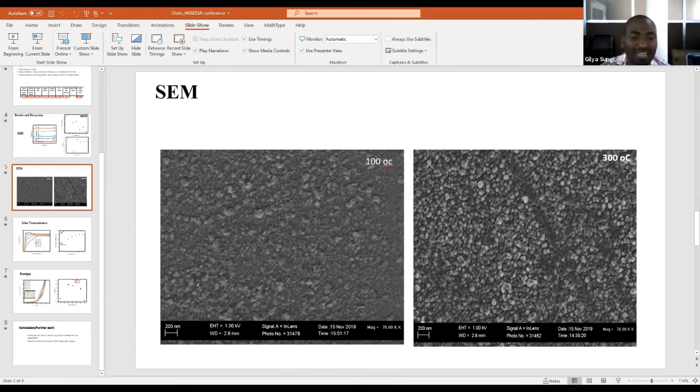But generally, the results for zinc oxide are not very far. As I said, for example, for the band gap, I find in the literature that the band gap for zinc oxide is reported as 3.5. So what we are getting is not very far from the literature. And I think I will enhance that in my presentation.